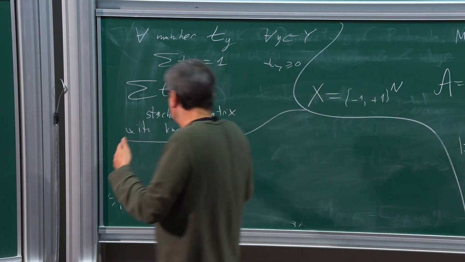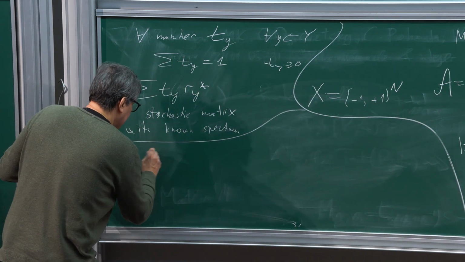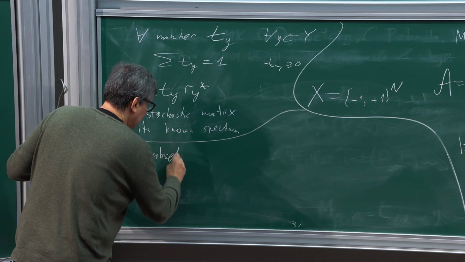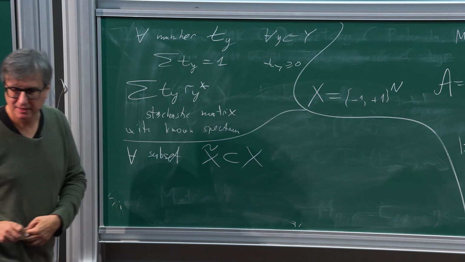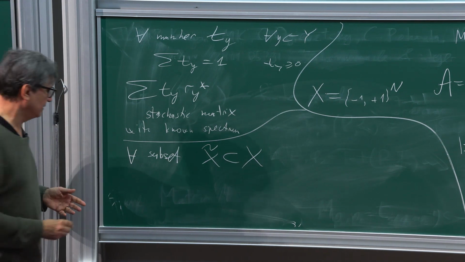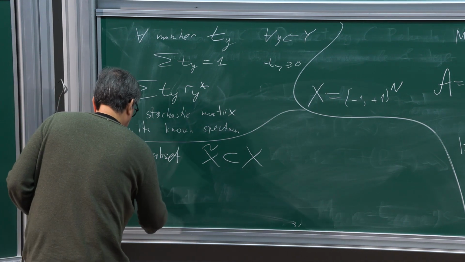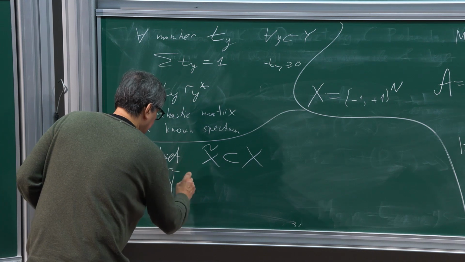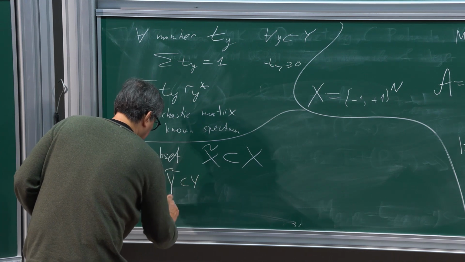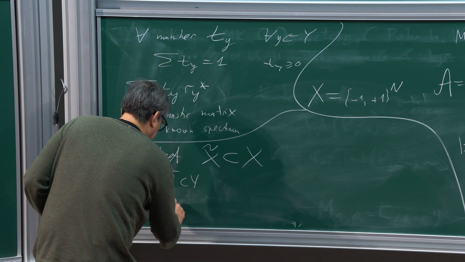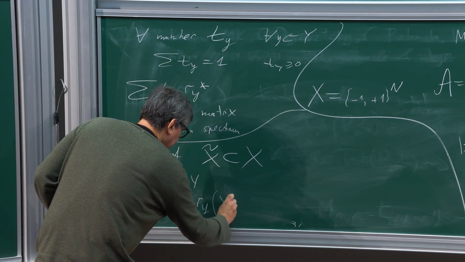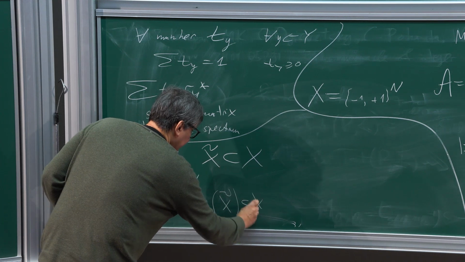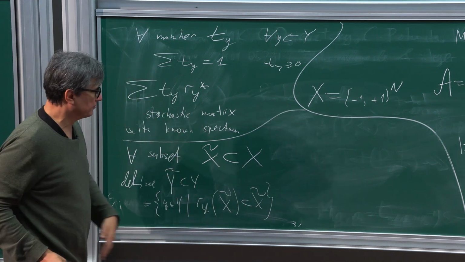And in fact, we can do the following: consider any subset x tilde in X, any subset of vertices, and define y tilde as the set of y such that the retraction of y restricted to the subset maps it to itself.